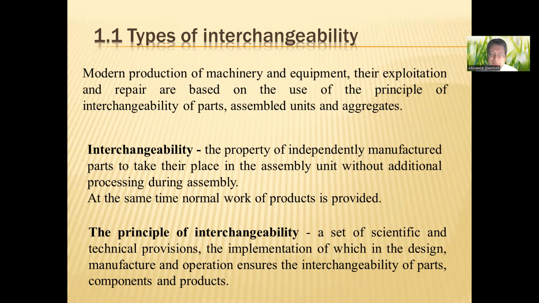Interchangeability is the property of independently manufactured parts to take their place in the assembly unit without additional processing during assembly. At the same time, normal work of products is provided.